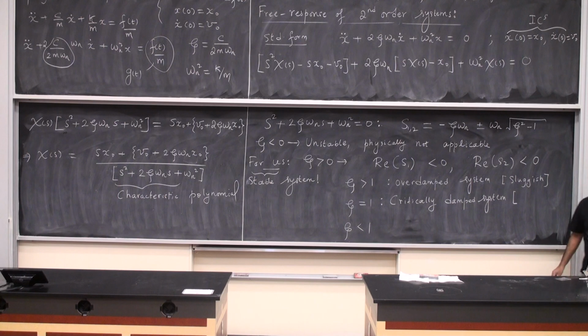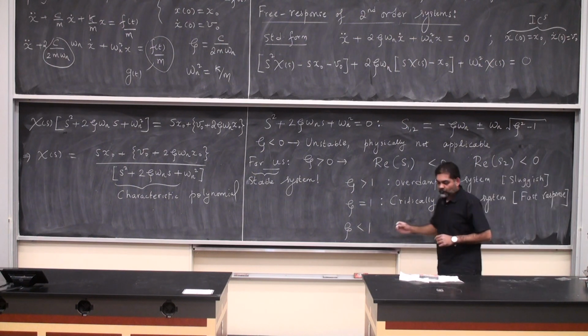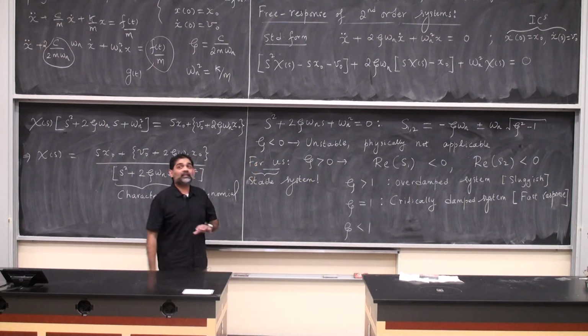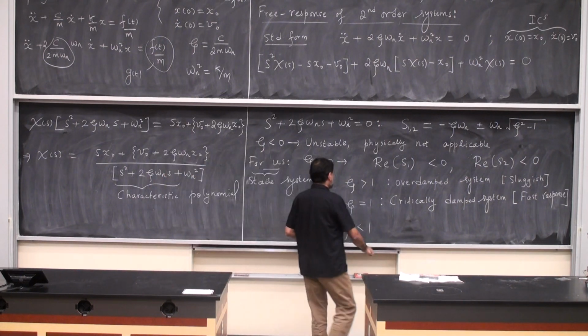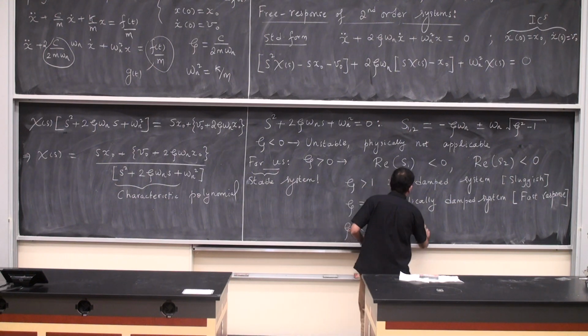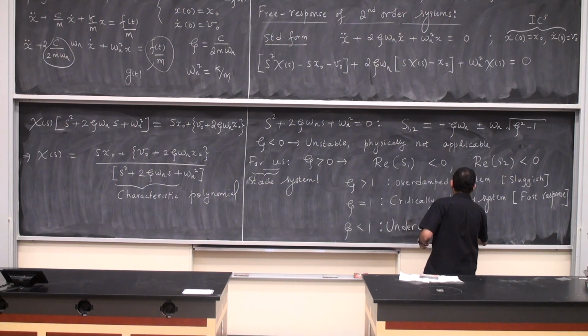The system response in this case is very fast. Then zeta less than 1 is called an underdamped system or an oscillatory system. This shows oscillations.